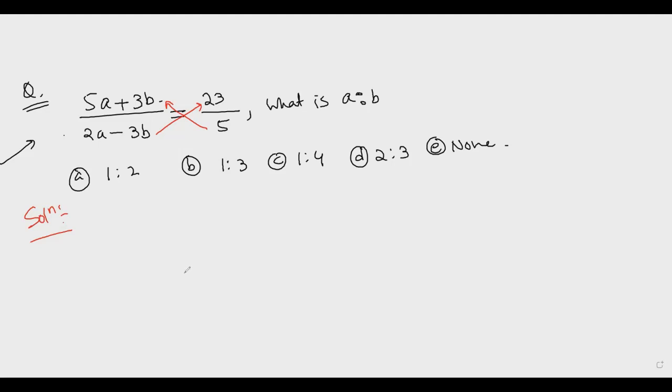Side cross multiply, solve, and then get the A by B ratio. In advanced type of question we will deal with that later on.